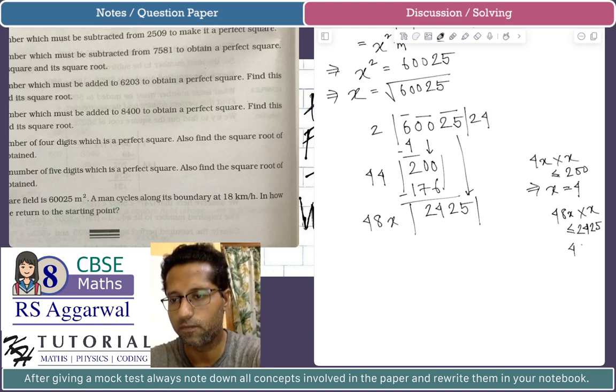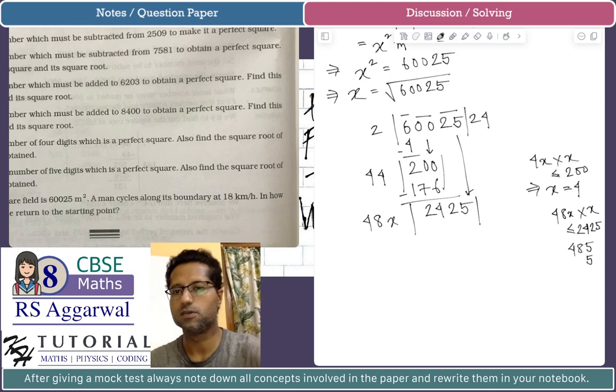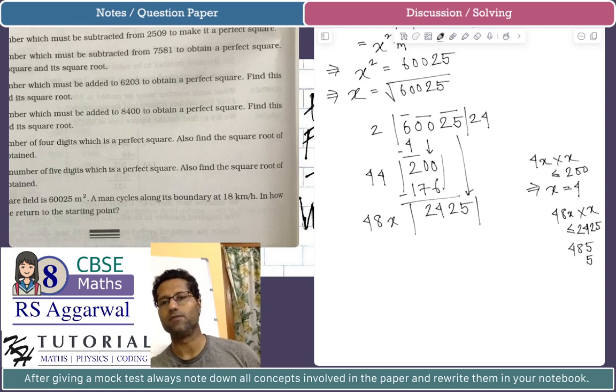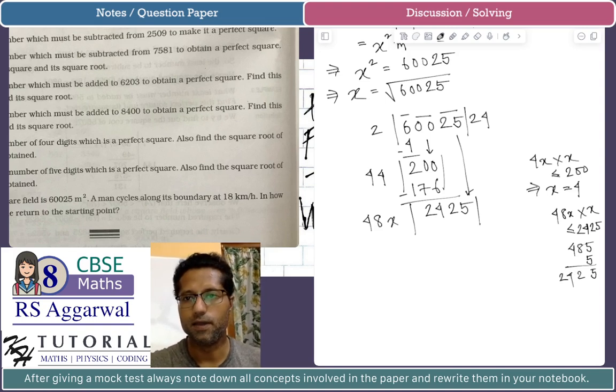You could consider 5 because x square is 60025, so definitely 60025 has to be a perfect square. Okay. So over here this will be 8. This will be 5.